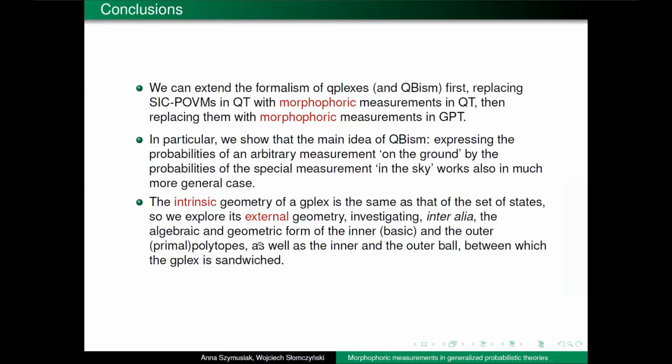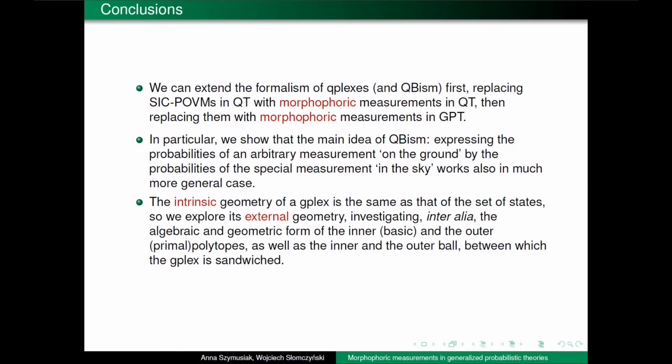So in this approach, we try to extend the formalism of QBism first in two stages. First, replacing SIC-POVMs in quantum theory with morphophoric measurement in quantum theory. It was in our paper from last year. And now we go even further and we try to replace this quantum situation with some more general probability theory.